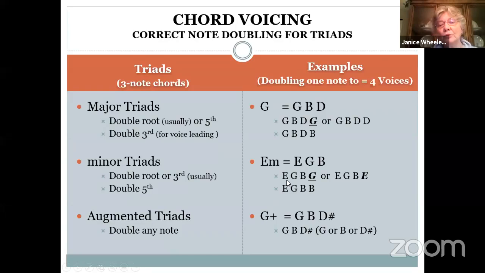So usually we would be doubling the G or the E, which is the 3rd or the root, but we might sometimes double the 5th, especially if voice leading is an issue.